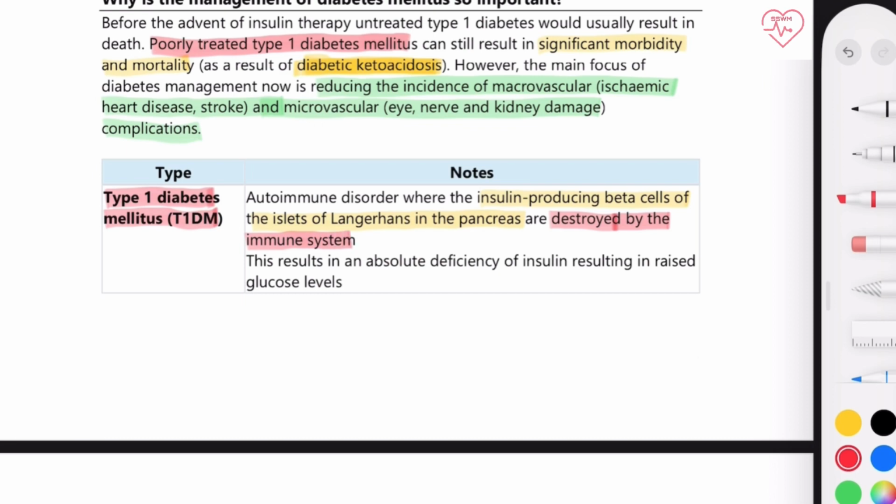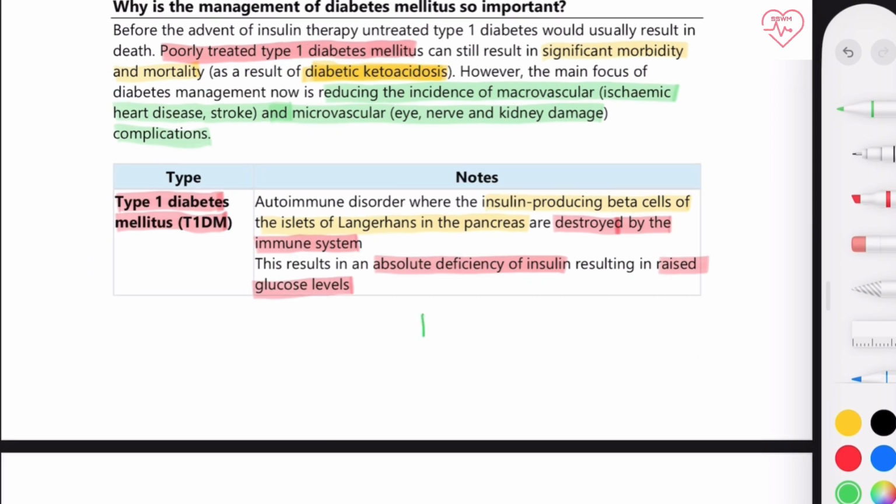So this results in an absolute deficiency of insulin, which results in raised glucose levels. So there is a deficiency of insulin, which can lead to an increase of glucose levels.